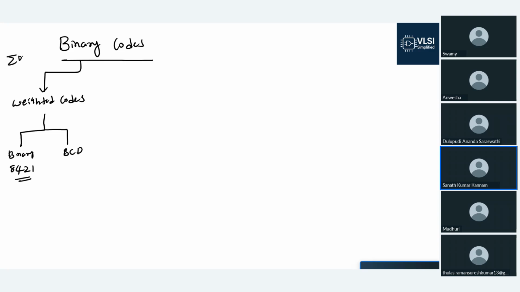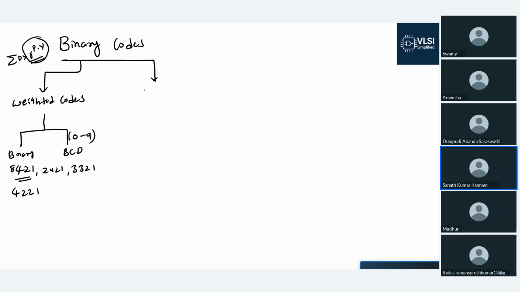So 8421, or 2421, 3321, 4221. These are nothing but weighted codes. And BCD also. The range of BCD is from 0 to 9. Weighted codes.